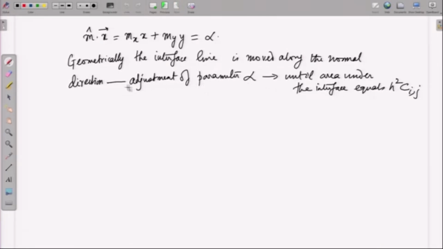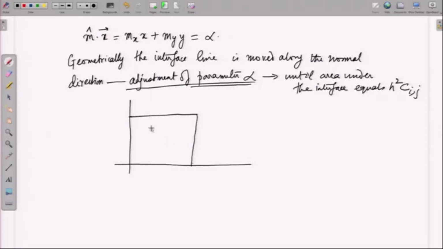So, we are saying that it can be reached by adjusting this parameter alpha, and geometrically how it is done can be shown through a small diagram. Let us say we have a certain cell here, and let us say the interface lies somewhere here, and this is the marker filled region.